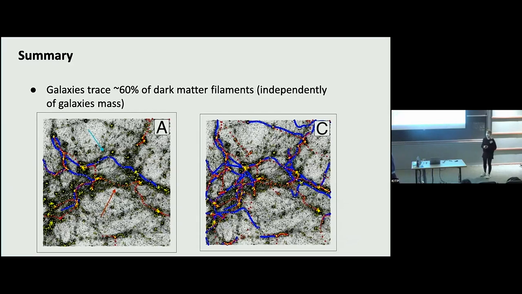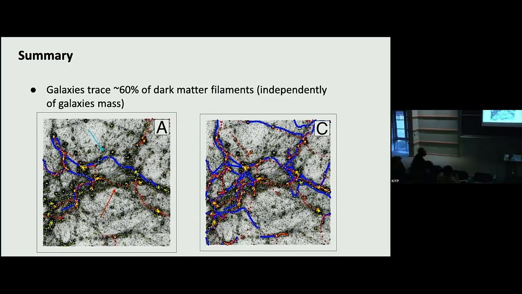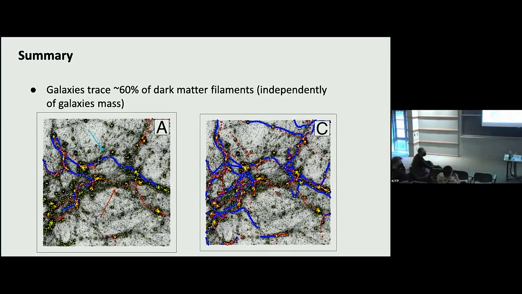So you checked the filament recovery for different galaxy masses, but I would say that even for the dark matter there is a choice; I suspect that for different resolutions you would get different filaments also within your dark matter field. So can you comment on that?